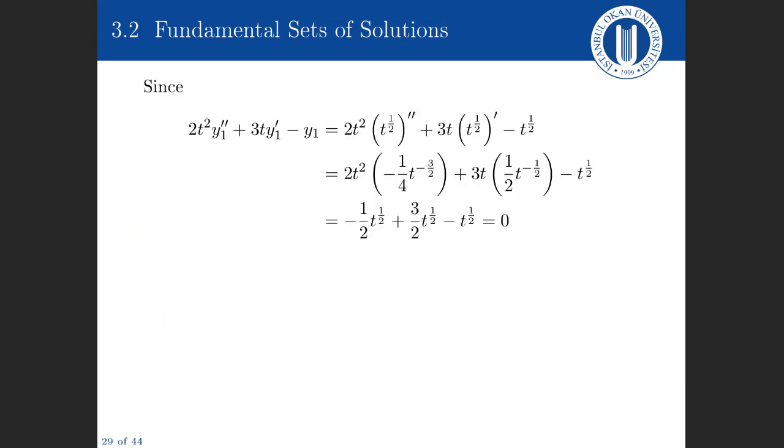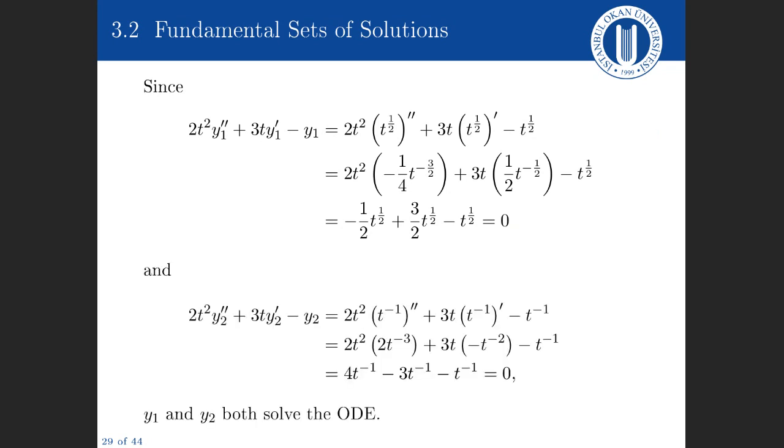So this is what we're going to do. First, t to the power of a half. We put this into the equation, calculate our derivatives, simplify everything, and you can check that we get 0. So the answer is yes. T to the power of a half does solve this differential equation. And then we do the same thing for t to the power minus 1.